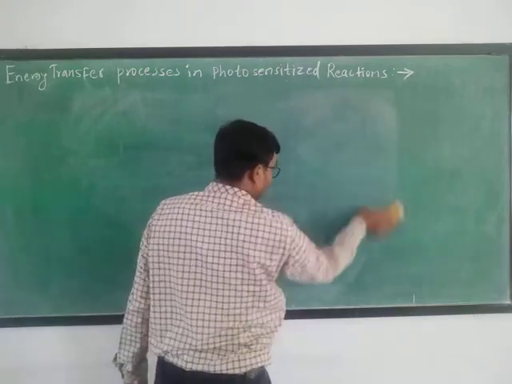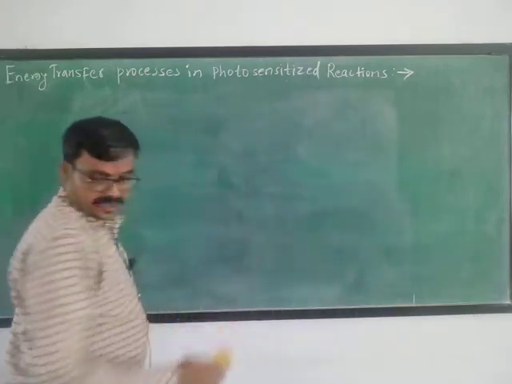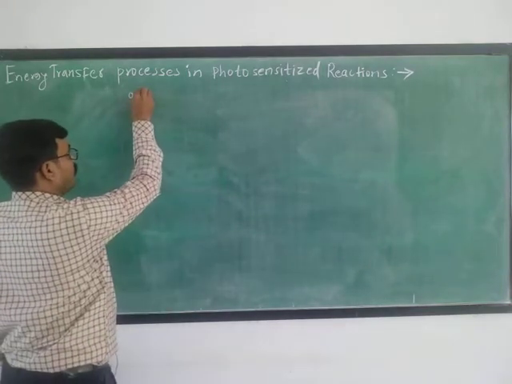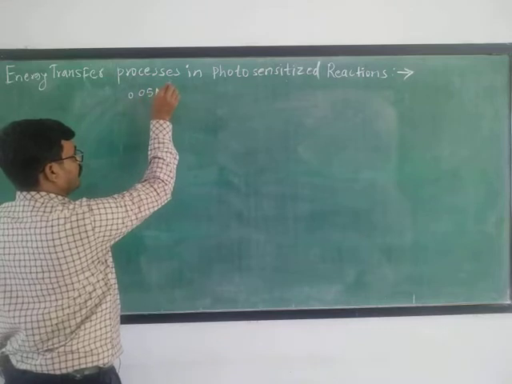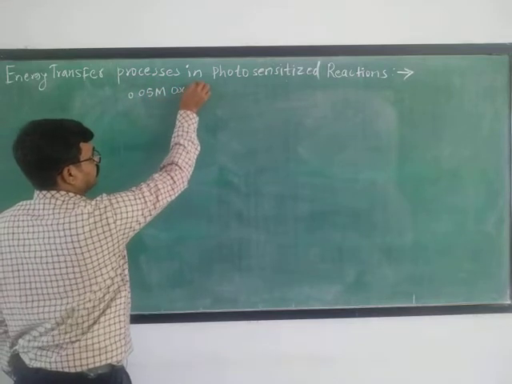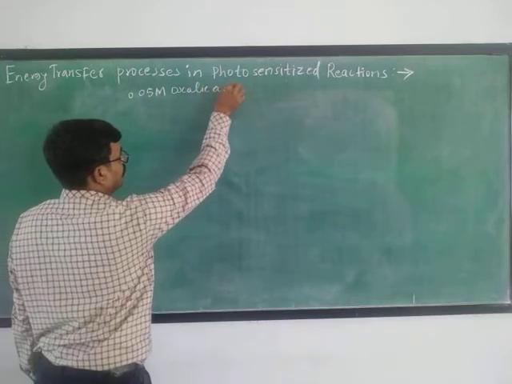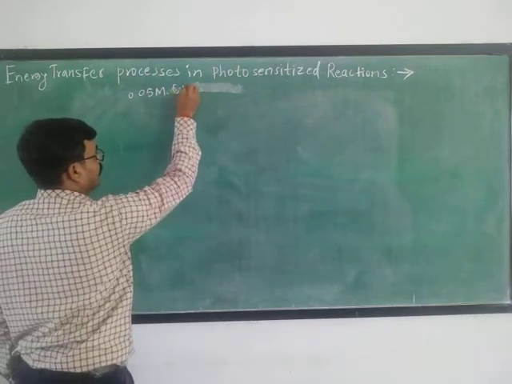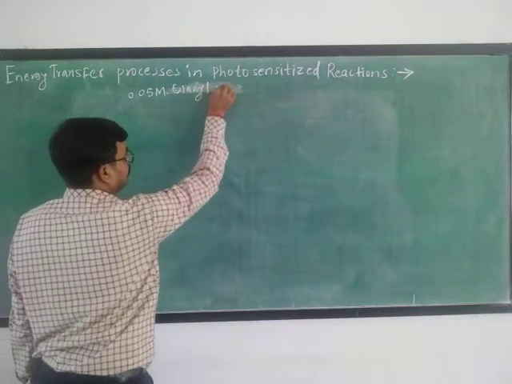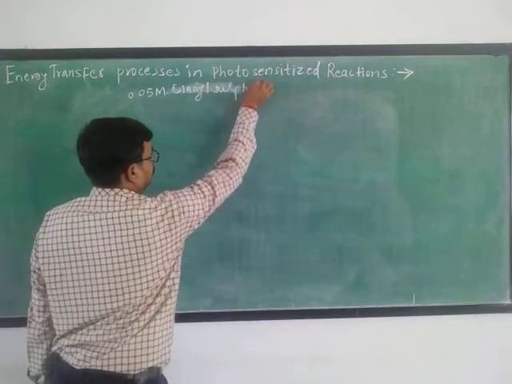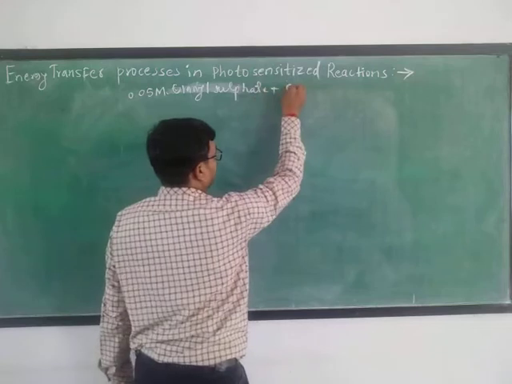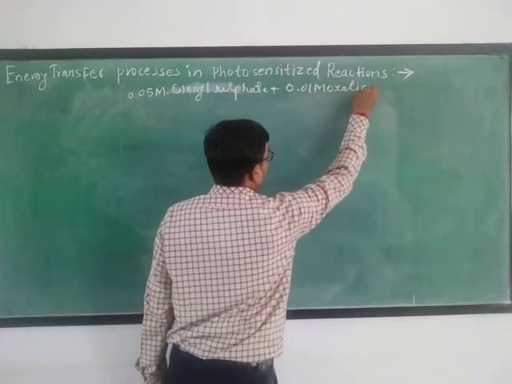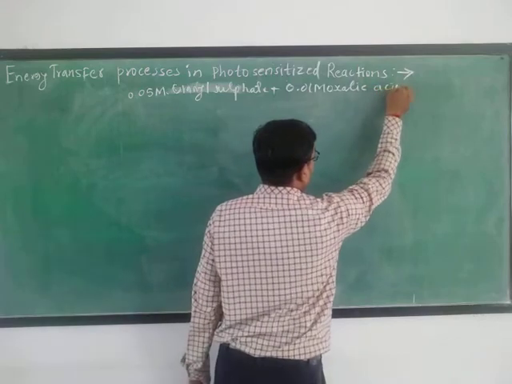In the uranyl oxalate actinometer, there is a mixture of 0.05 molar uranyl sulfate plus 0.01 molar oxalic acid in water.